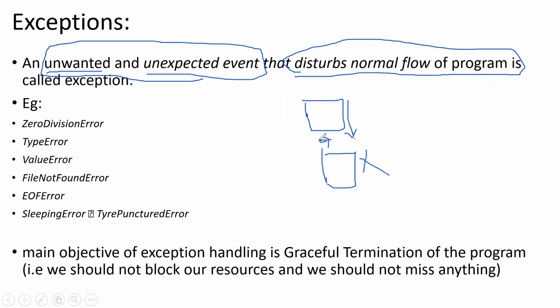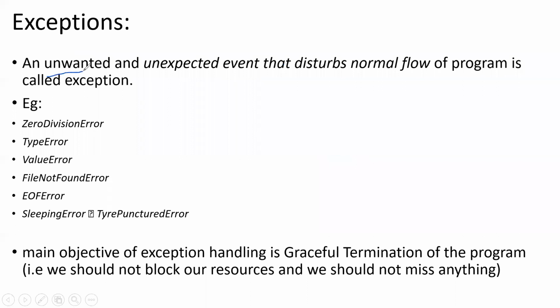Now what we are going to do is simply skip that and keep the normal flow of execution. So you can check here: unwanted, because we don't expect the error and we don't want it either; unexpected; disturbs normal flow.